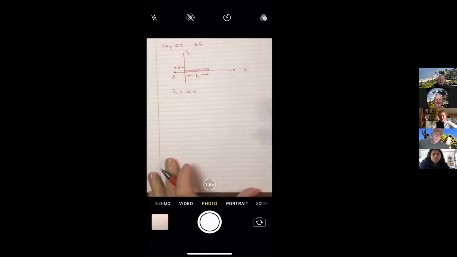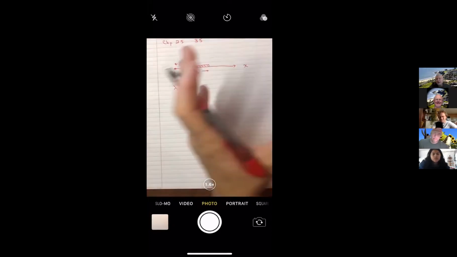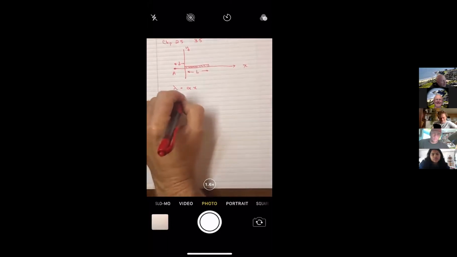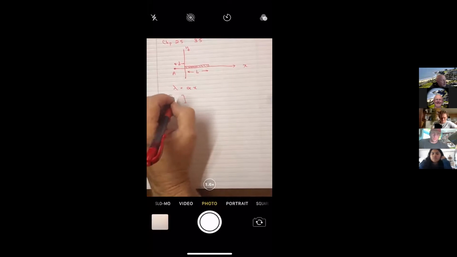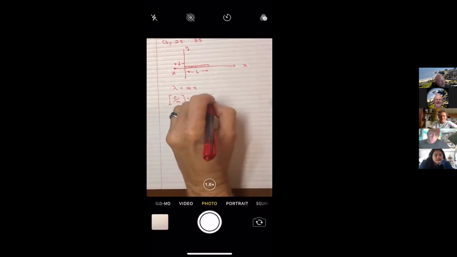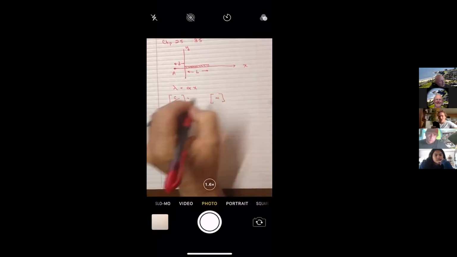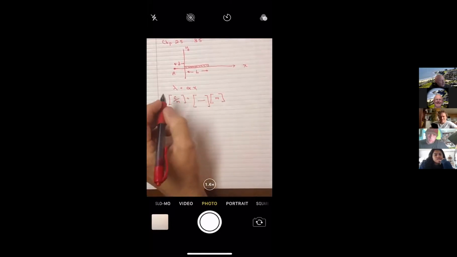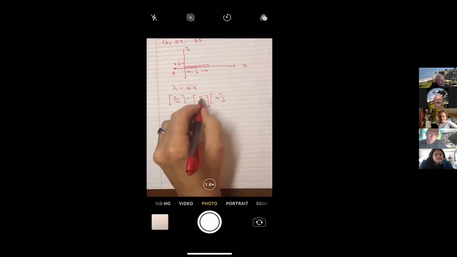And so the part you didn't ask, and you already did, it sounds like, is that the units need to work out right. This is supposed to come out in coulombs per meter, and we usually put brackets when we talk about units. This x is going to be in units of meter, so this alpha needs to, number one, have coulombs in it, so we can get that in the answer.